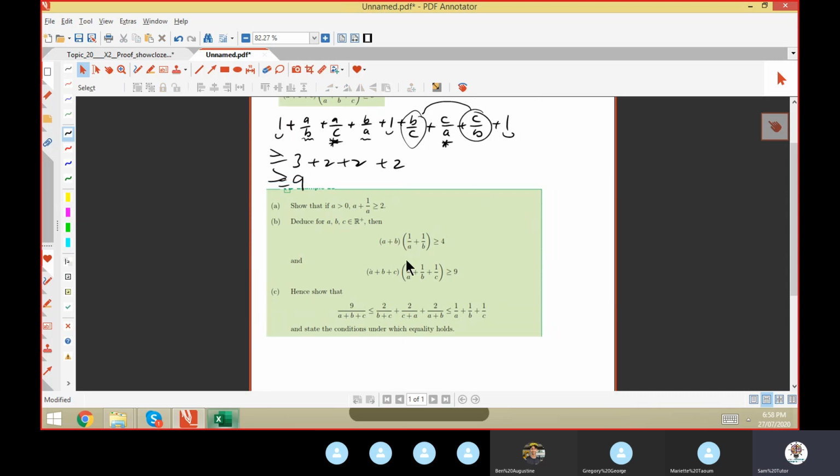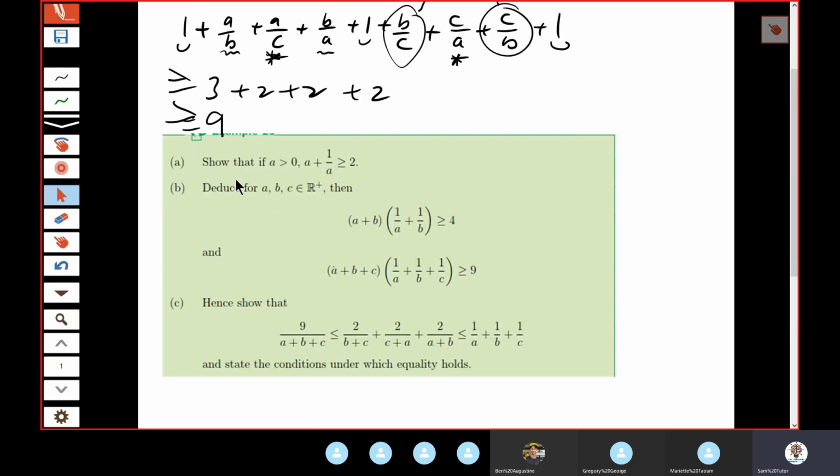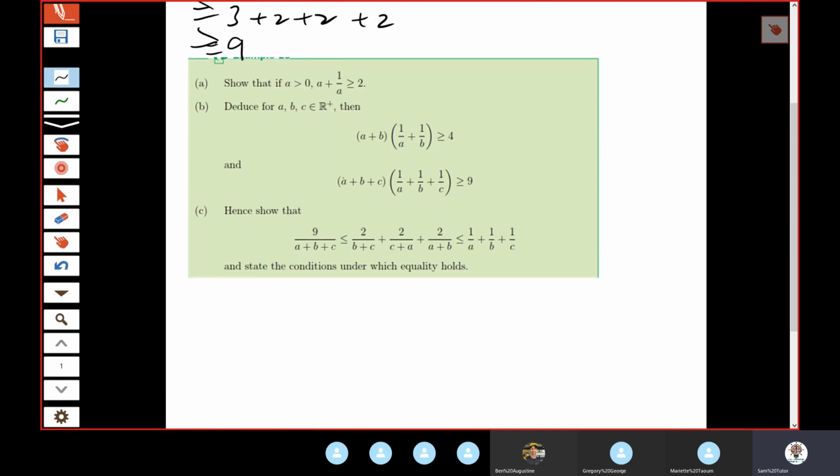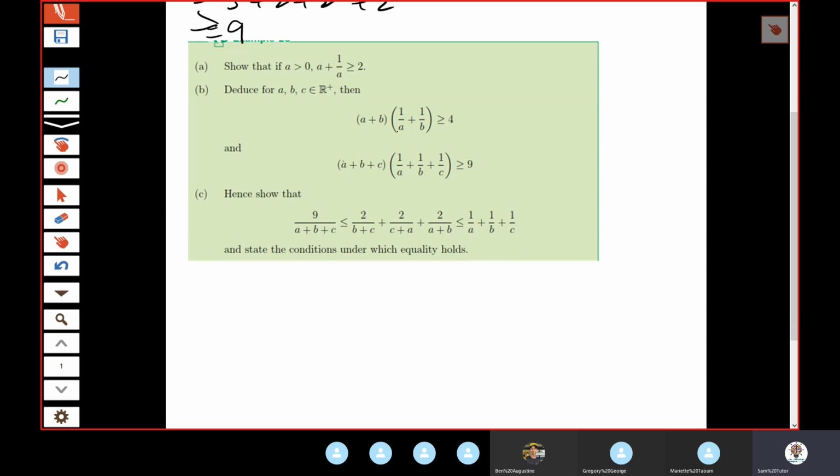Okay, let's see how we're going to do this one. So we know this condition and we understand this condition. So we can see 9 on A plus B plus C, right there, is the same as 1 on A plus 1 on B plus 1 on C being greater than or equal to 9 on A plus B plus C. Or in other words, this number is smaller than this number.